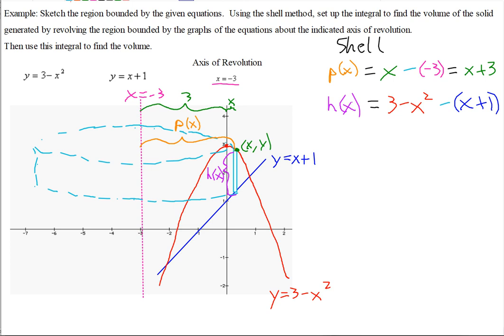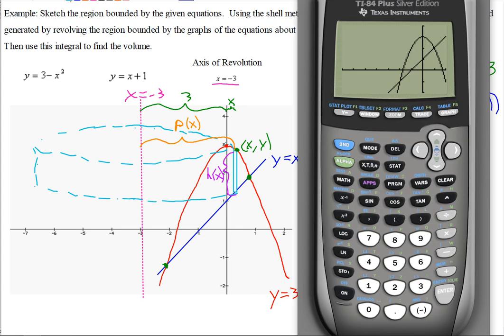All right, so now let's figure out where our region starts and stops. Let's find the points of intersection on our calculator. So I'll start with the 84. Second calc, intersect. First curve, just y1. Second curve, y2. You can guess over here. And notice in this case, it's exactly negative 2.